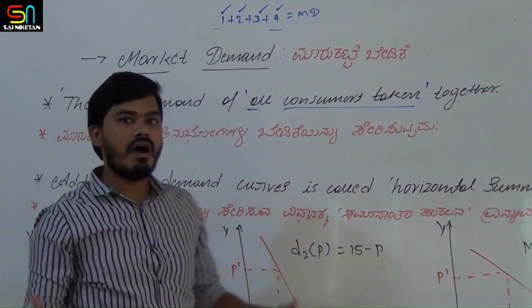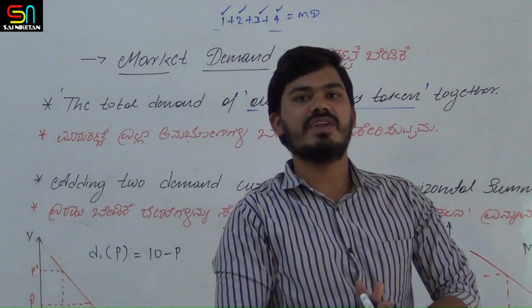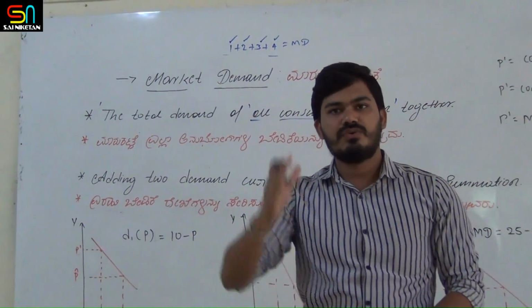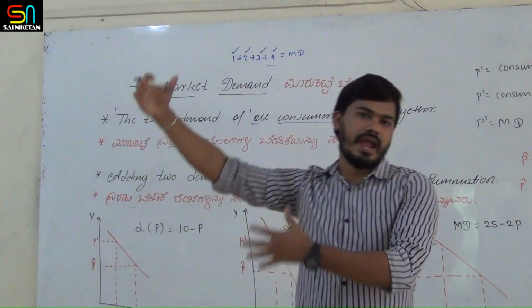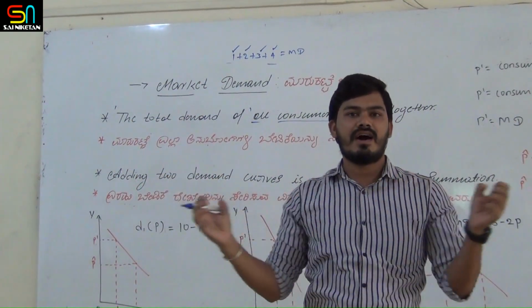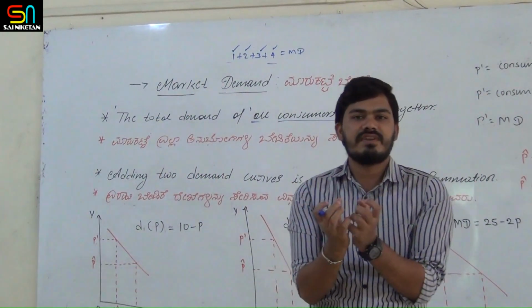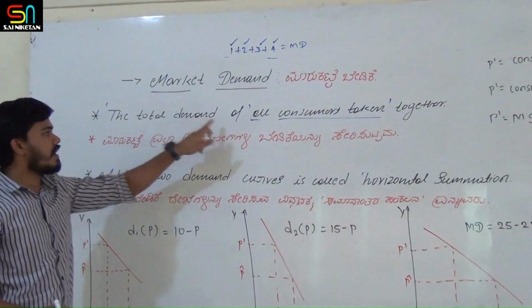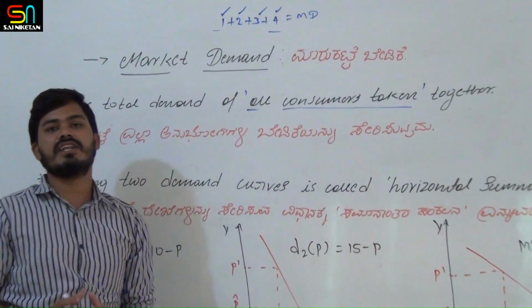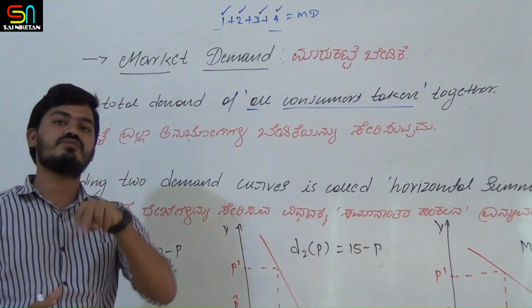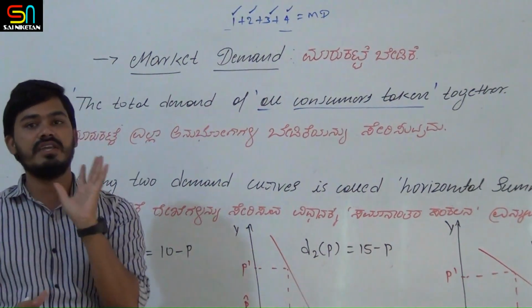It means we combine all the individual demands. Individual 1, individual 2, individual 3, individual 4, and n number of individuals. When we combine or sum all the individual demand curves, we get the market demand curve. The total demand of all consumers taken together in the market is called the market demand. It means there are always more than 2 demand curves.